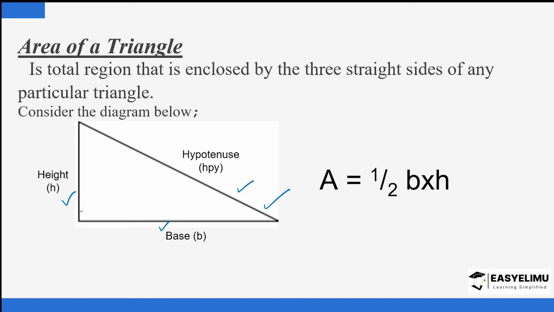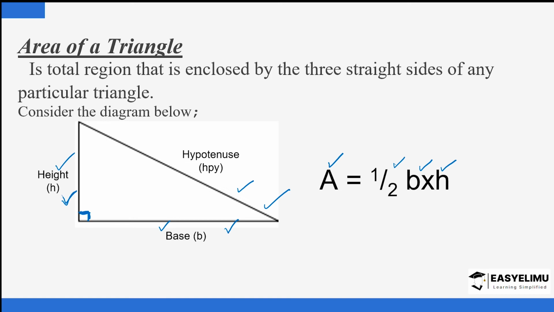If this angle here is 90 degrees, then this one can be called the height, and this one is the base. So the area is given by a half multiplied by base times height. You must see the right angle for you to call this one the height.